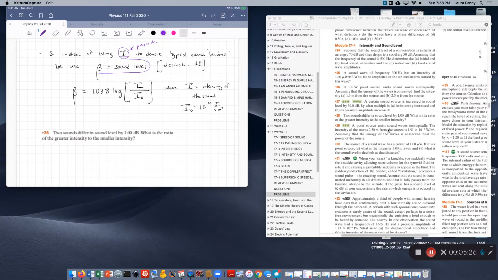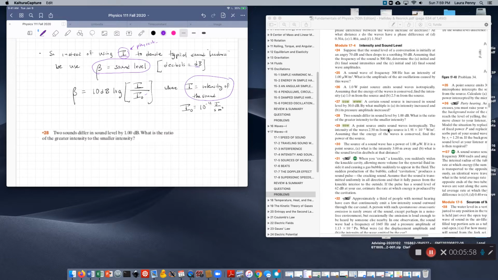So beta, which is just called the decibels of the sound or the sound level, goes with this equation: you take the intensity of your incoming sound, divide it by the reference intensity, take the log of that, and then multiply it by 10. This little symbol, little d, capital B, is a decibel, so 10 dB.